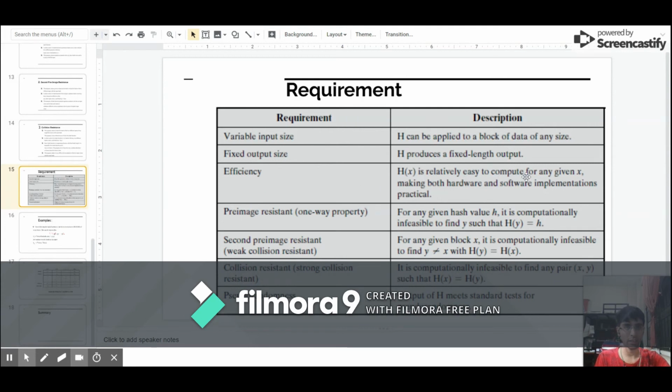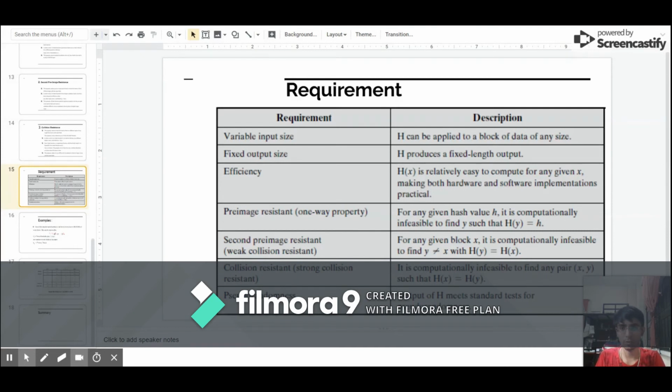Like h of x is relatively easy to compute for any given x, making both hardware and software implementation practical. Means h of x should be relatively easy, not a complicated function, so that we cannot implement it in any algorithm.